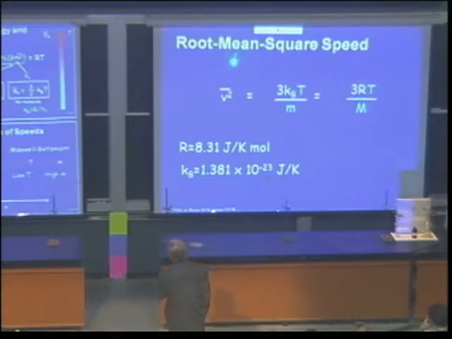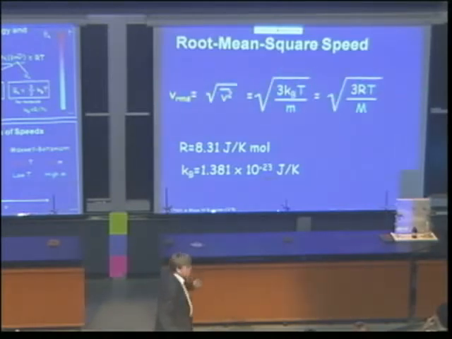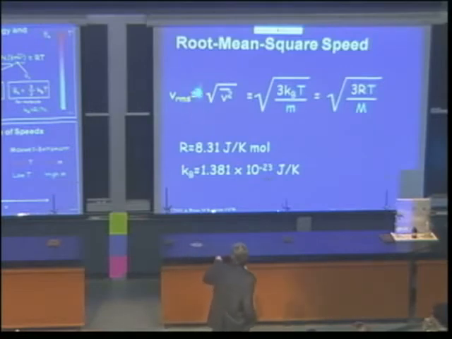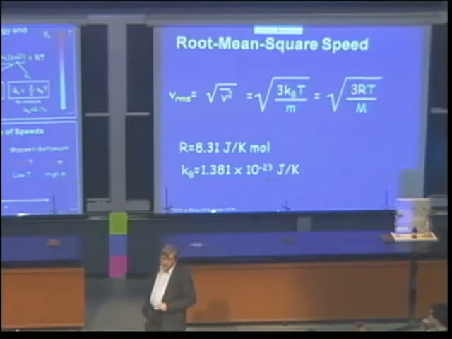But I don't want the mean square speed, I want the root mean square speed, okay? If I take the root of this, then I get V_RMS. I have to take the root of that, and with this now I have a speed that we can do something with. We call this the funny name, the root mean square speed, okay?